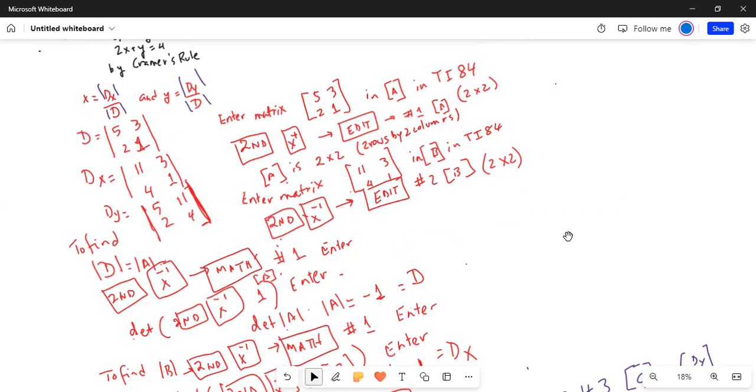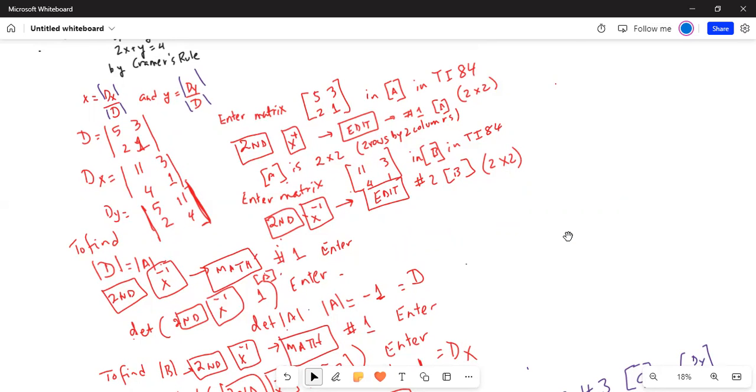Now we have to find the determinant of A and the determinant of matrix B. To find the determinant, we do second x inverse, math, number 1, enter.